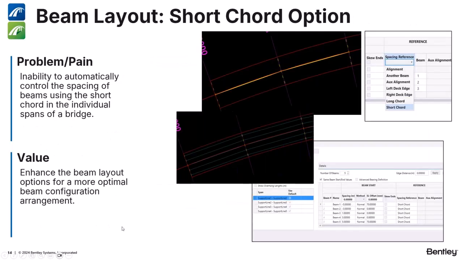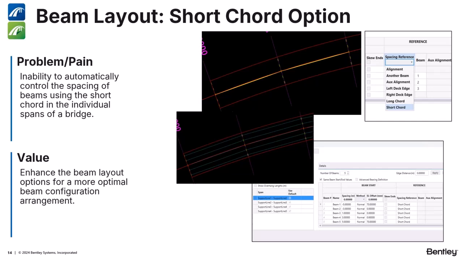Right? Now, some enhancements in geometry, right? The beam layout shortcut option. When you are doing a pre-stressed girder and you want to place girders on a curved alignment, right? So if the curve is long, or has a big radius, the only way before was to use the long chord.